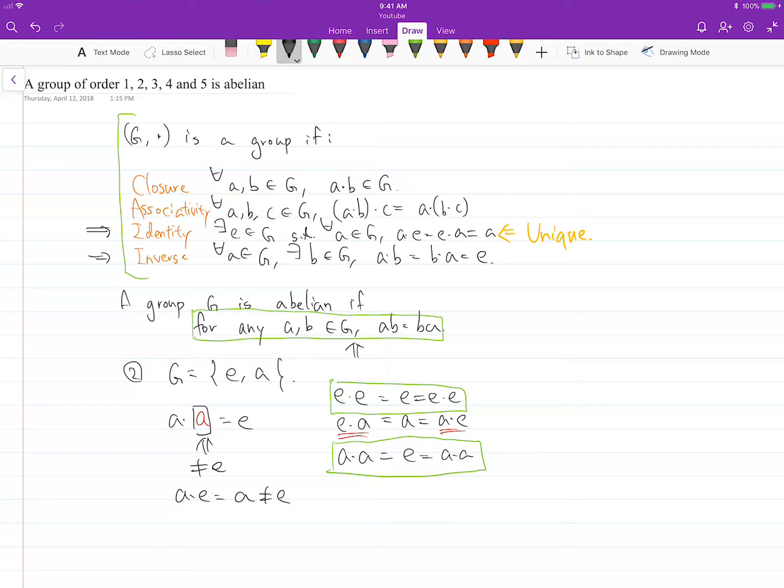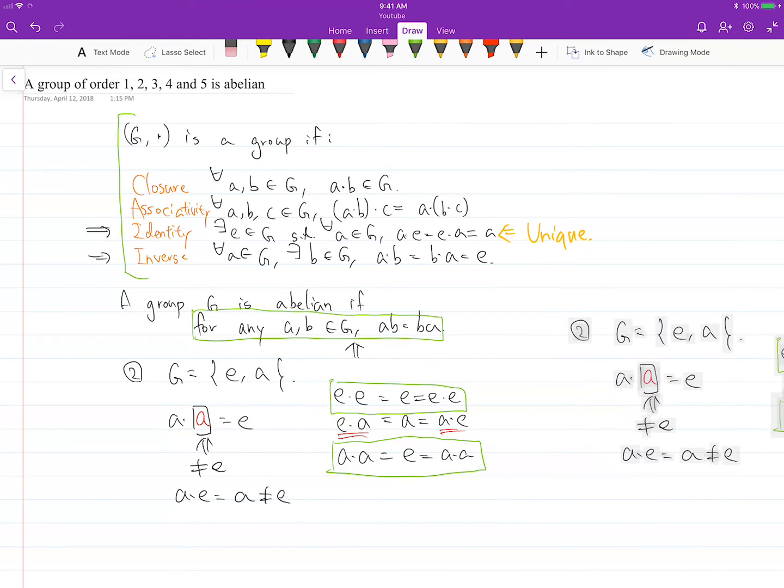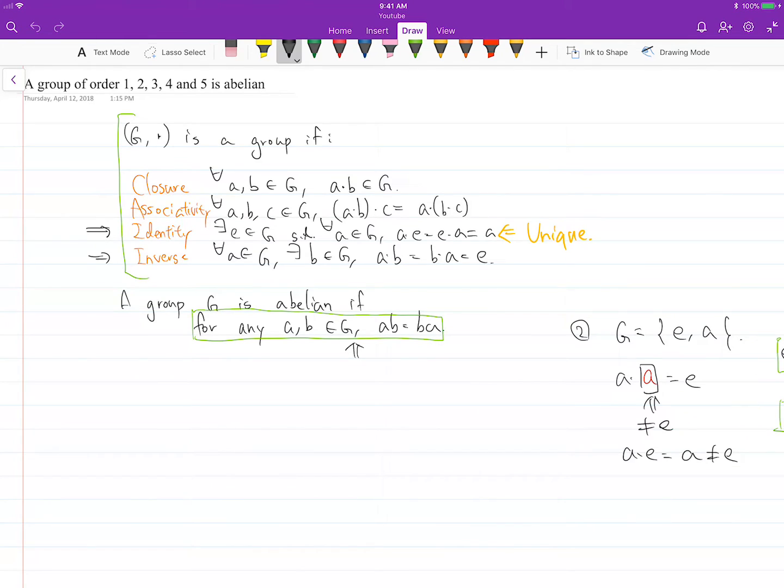Now we are going to move on to a group of order 3. Going to actually move this to the side in case we need it later. So a group of order 3 has 3 elements, and because of this identity property, we know that one of the elements has to be the identity, so we're just going to call it E. And then it has 2 other elements, and we're going to just call them A and B. The naming doesn't really matter.